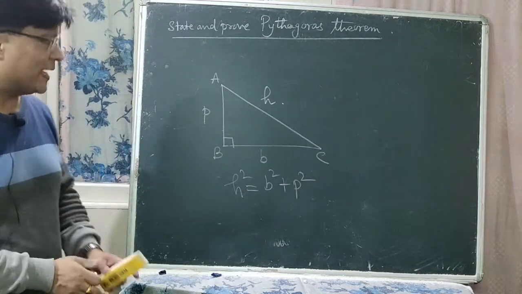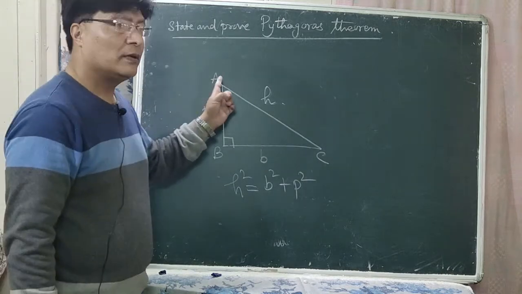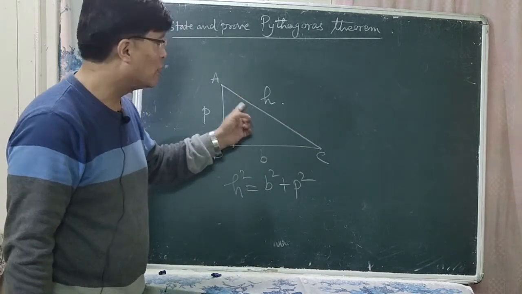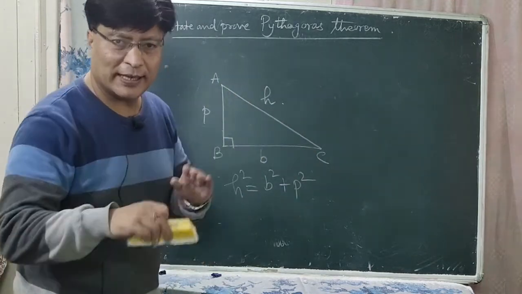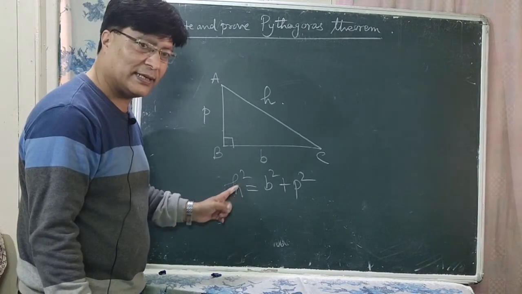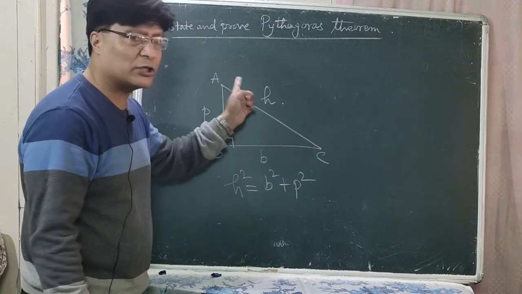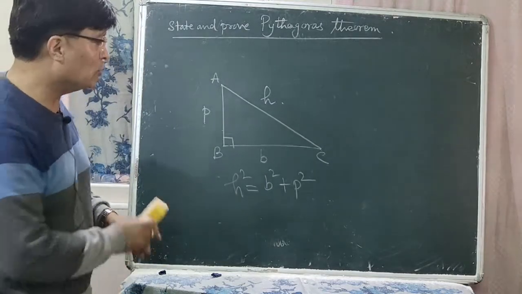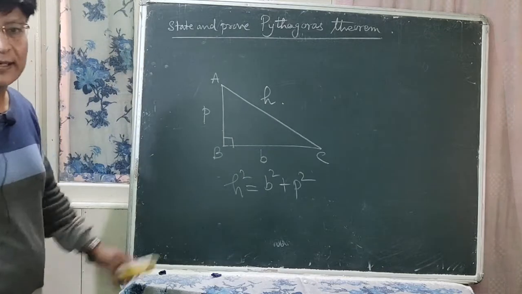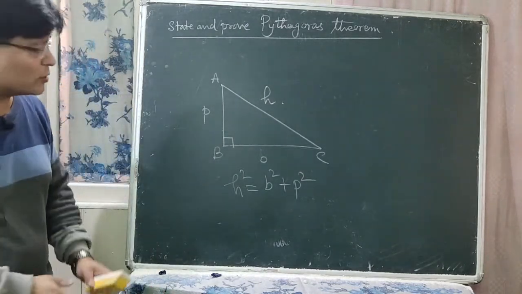Pythagoras theorem states that the area of the square on the hypotenuse, that is H square, H into H, is equal to the sum of the areas of the squares on the other two sides, that is perpendicular and base.